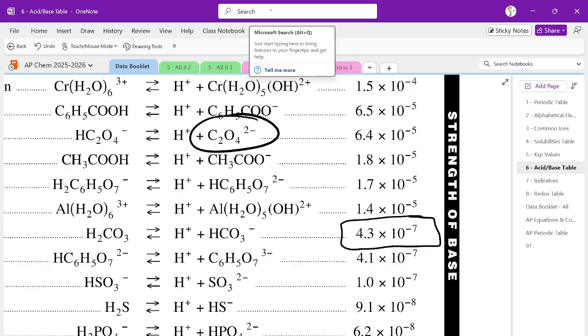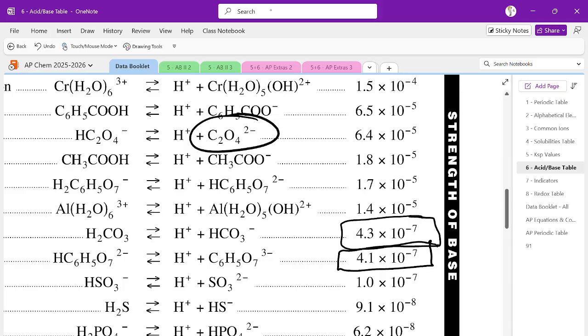So I might be able to get closer to 6.0 with that one. Let's try that one: 4.1 times 10 to the negative 7, take the log. That's 6.4. They're about the same, so not that much different from each other. So I could use either this one or this one. This one's probably cheaper, so I would probably use that.